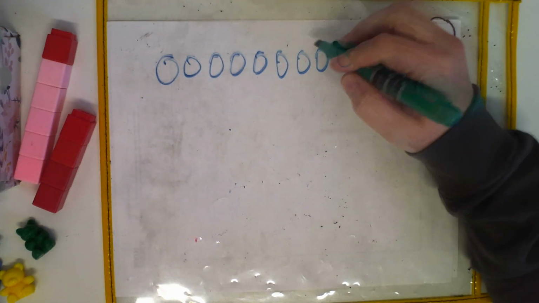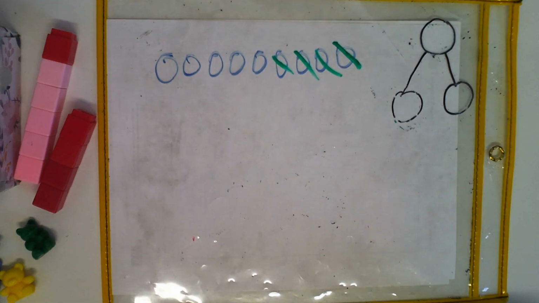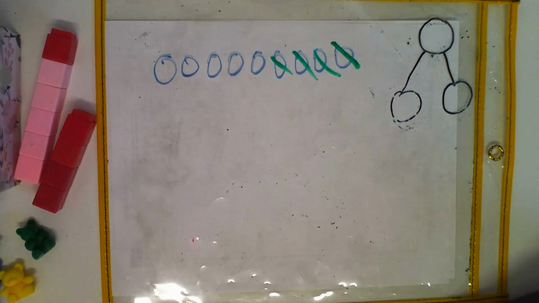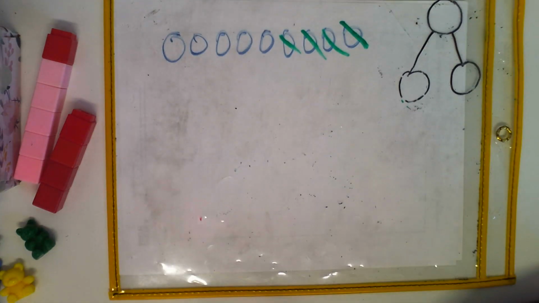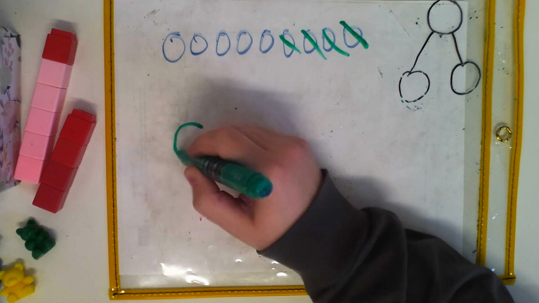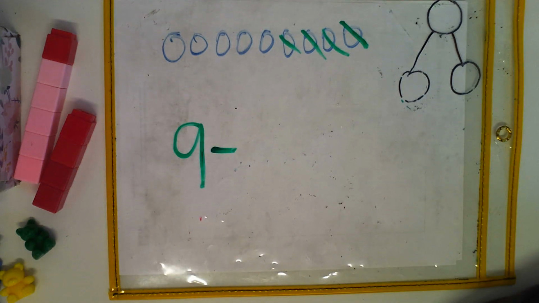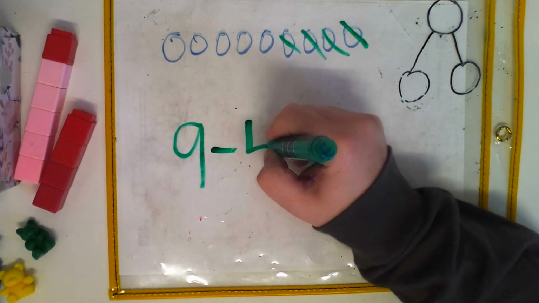Here we go. 1, 2, 3, 4. 4 grapes crossed off. How many are left? 1, 2, 3, 4, 5. There are 5 left. So we had 9 grapes. We crossed out 4. Now there are 5 left. Let's make that into a subtraction sentence. Are you ready? We had 9 grapes. Then we took some away. How many did we take away? 4.